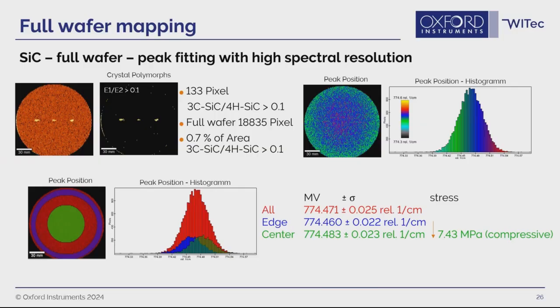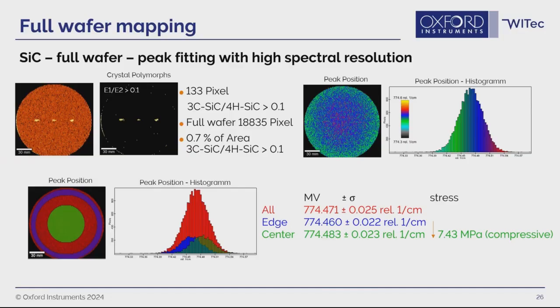To quantify the area covered with 3C silicon carbide, the ratio of the E1 versus E2 bands was calculated. The E1 band correlates to 3C silicon carbide and the E2 band to 4H silicon carbide.